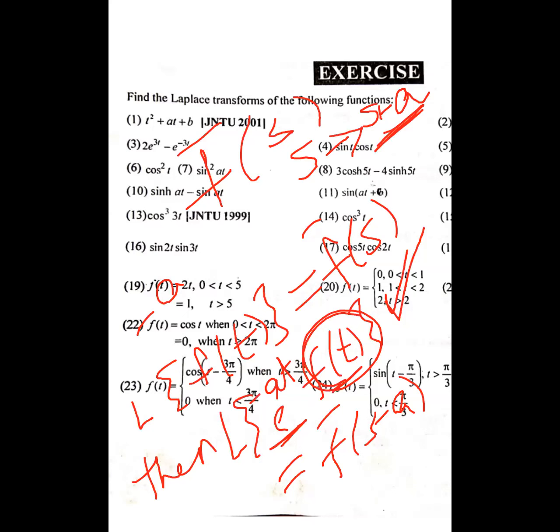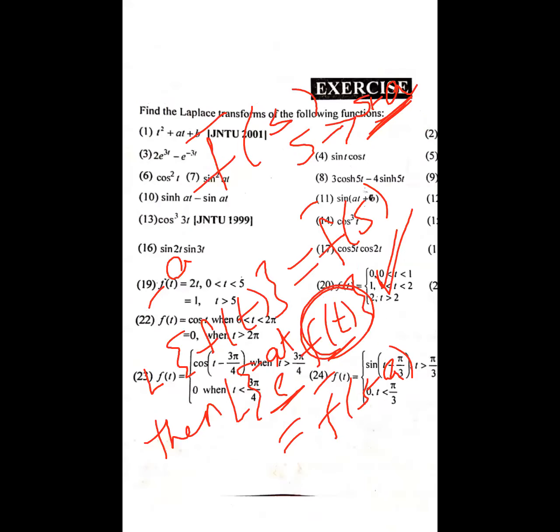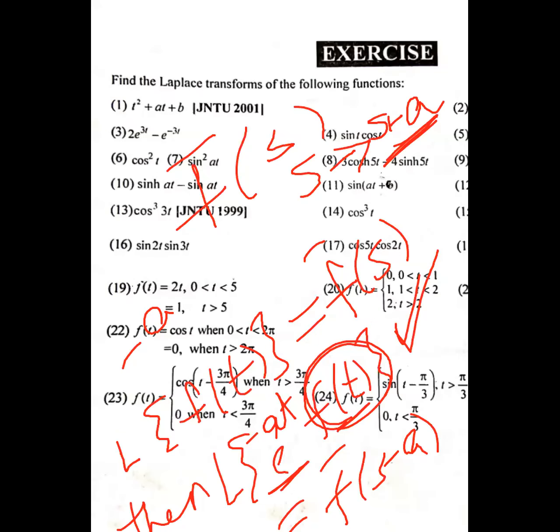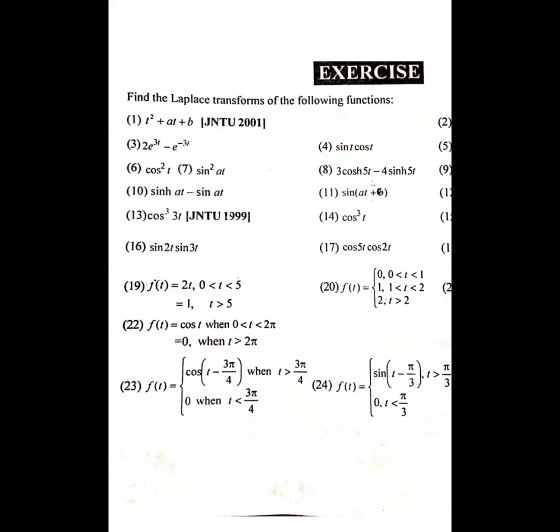So the formula of the first shifting theorem is L of f of t equals f bar of s. This is the basic condition. When the function multiplying f of t is e power at, it is treated as first shifting.